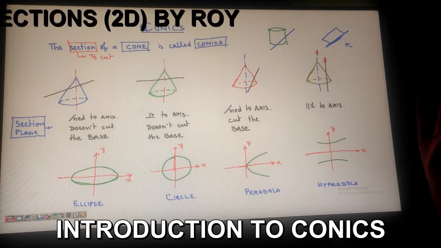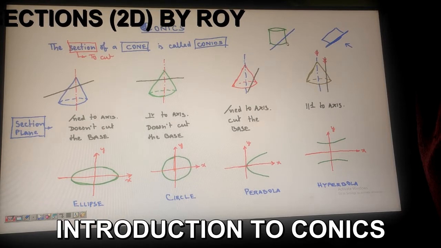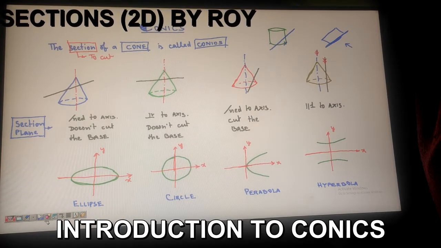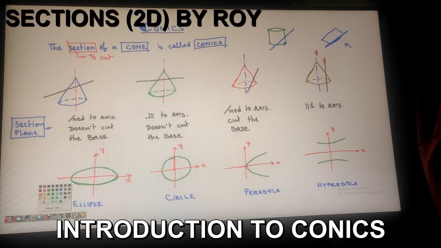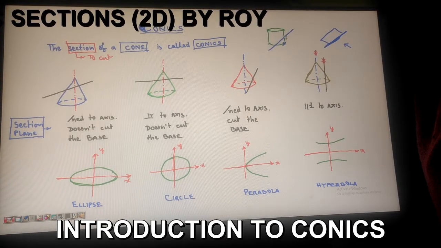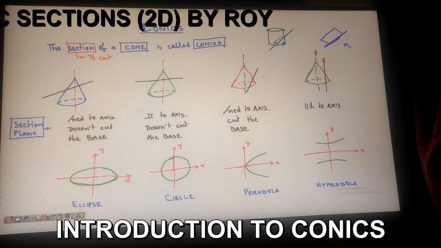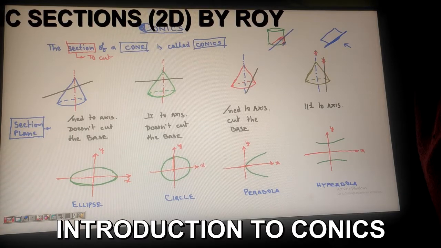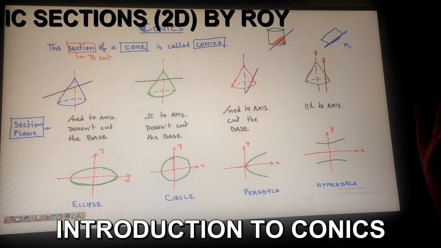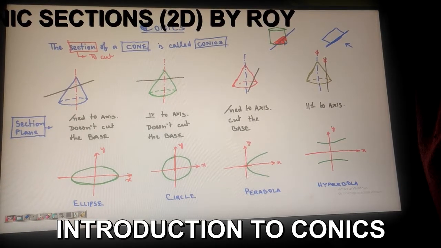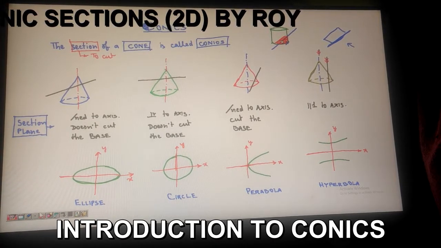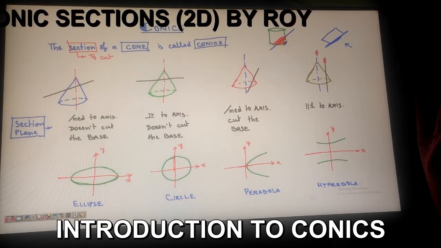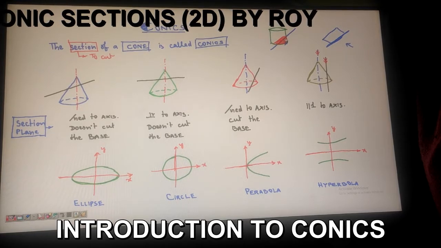When I remove this portion, how will the cross section look? The truncated portion will look something like this. So this is the section of the cylinder.